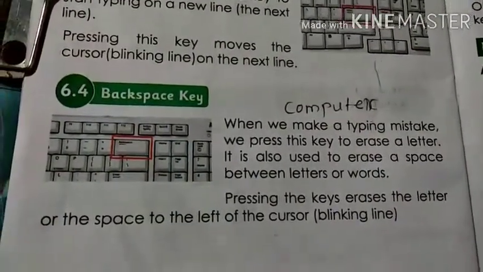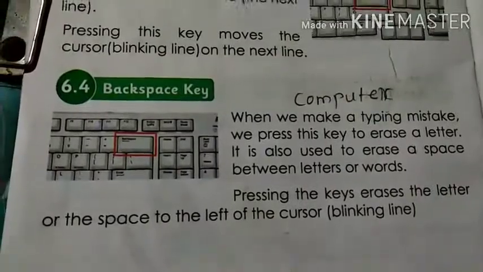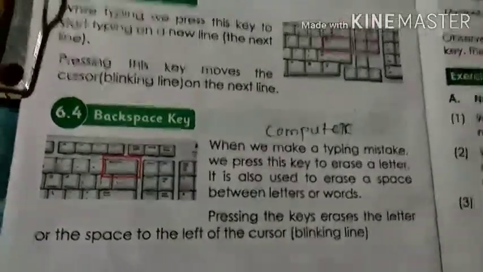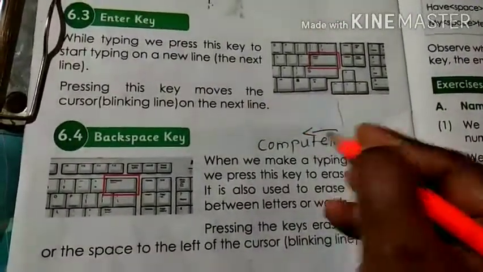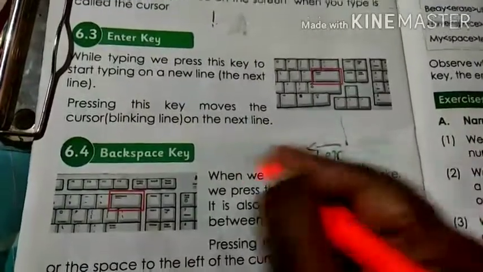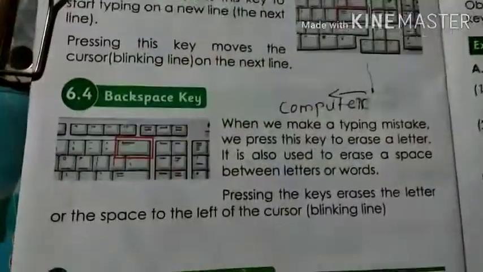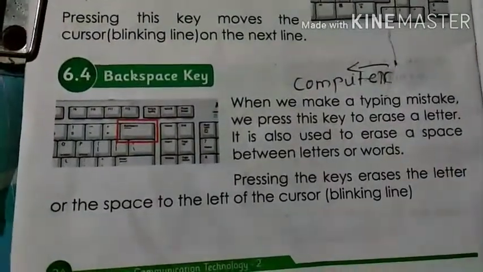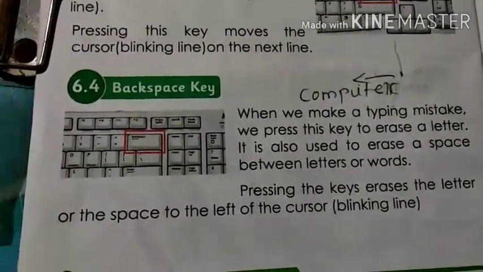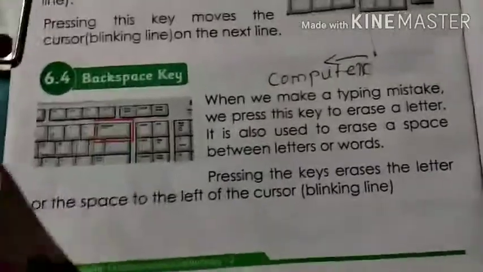So it erases the letters toward the left side. From here to here, to the left side, it deletes your mistakes or the space. Okay. Now let's proceed further towards page number 35.